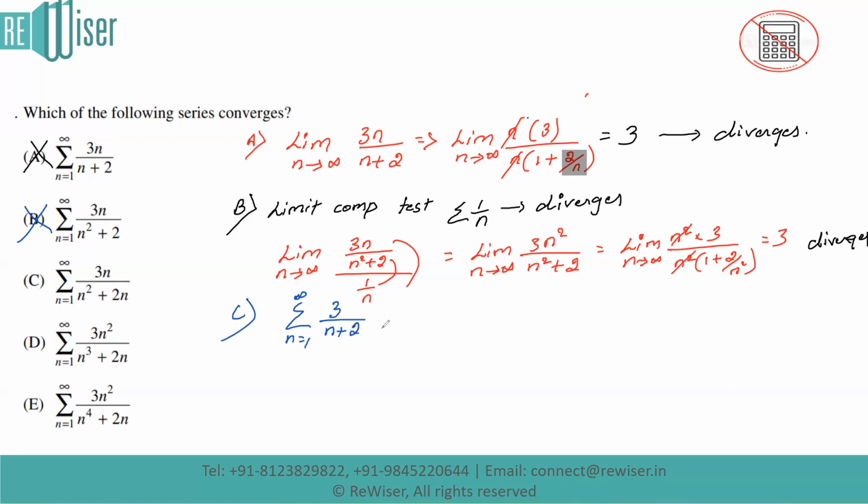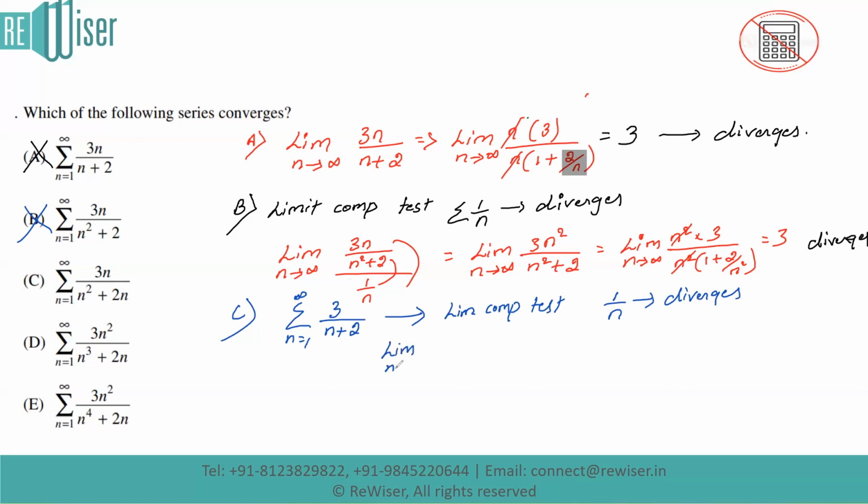Again, I'm going to do the limit comparison test with 1 over n. We know the summation of 1 over n diverges.